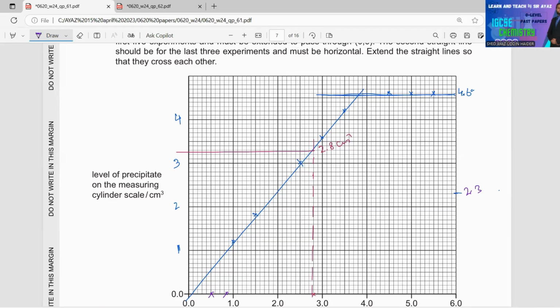Third one, 2.5, must be 1.25, somewhere here, like that. Then we have 3, 1.5. For 3.5, we will be getting 1.75. Yes, it must be 1.75. For 4.6, we're getting 2.3.